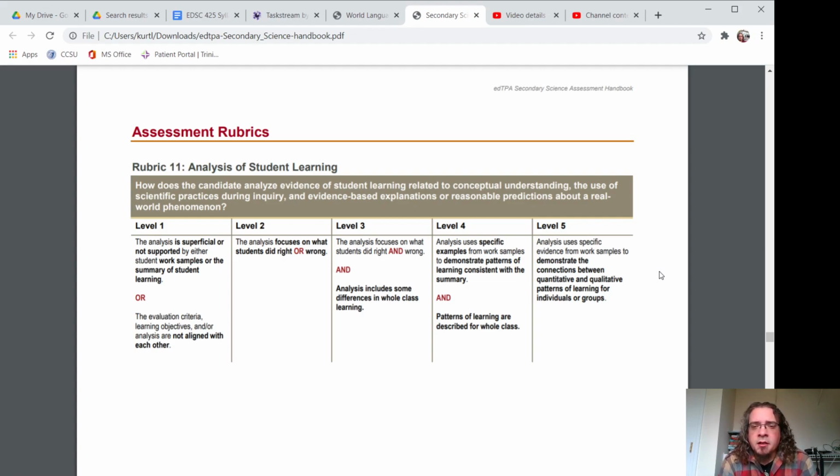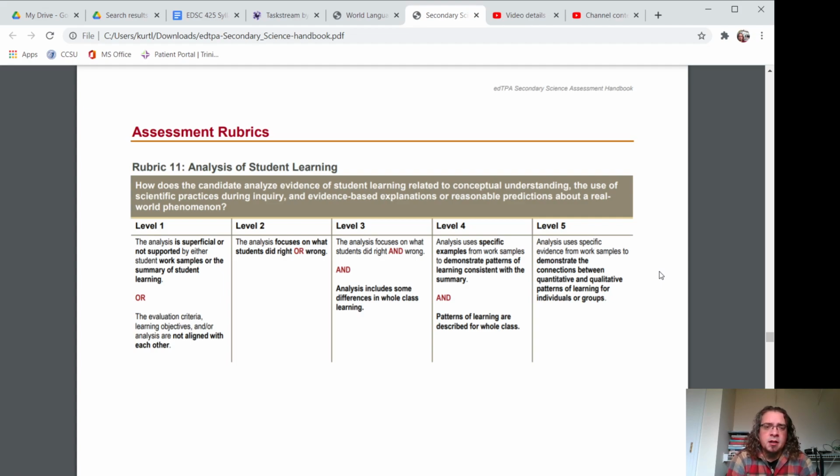Well, I'll just read it. Analysis uses specific evidence from work samples to demonstrate the connections between quantitative and qualitative patterns of learning for individuals or groups. So you see how it gets much more specific as you head up to level 5. Level 3, the analysis focuses on what students did right and wrong, and includes some differences in whole class learning.